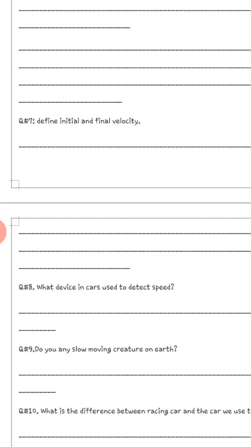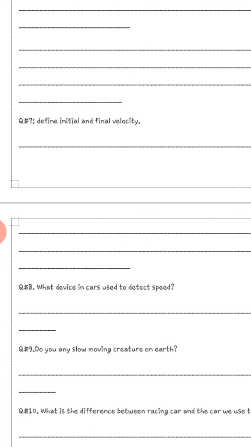So change of velocity does not mean it's only changing. If it is increasing, the graph will obviously move towards the upward direction, and it is called a positive gradient. Acceleration means that the gradient is basically positive.